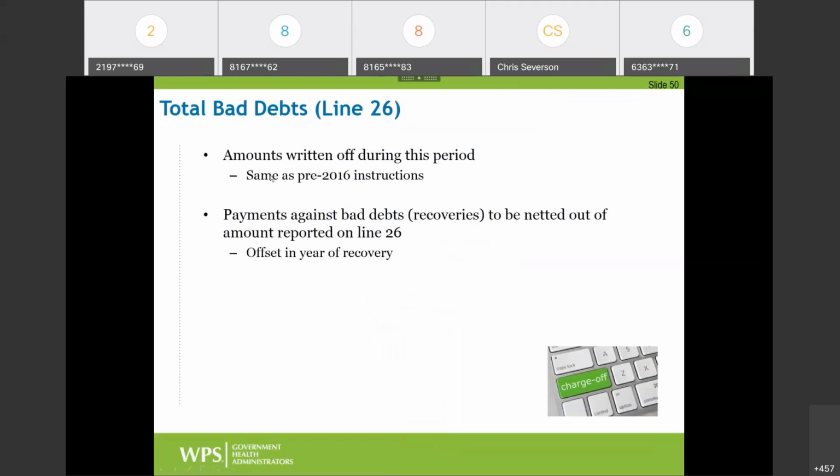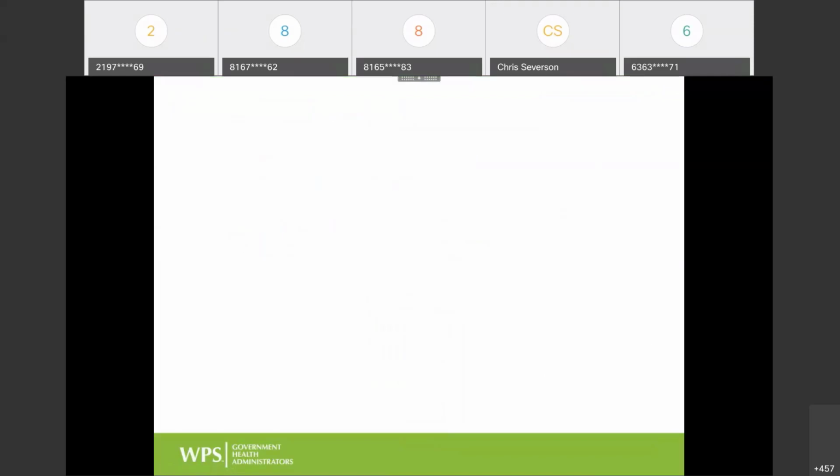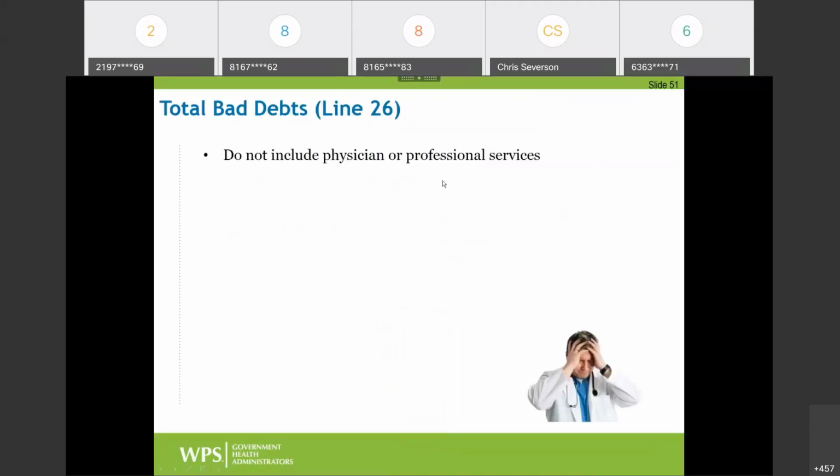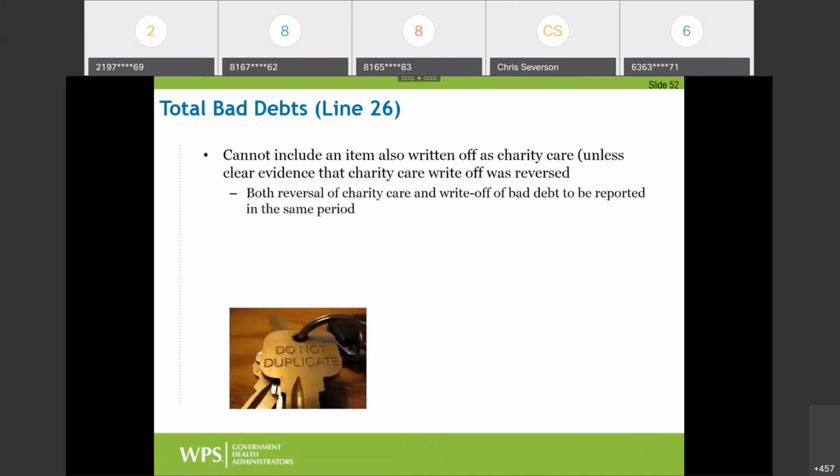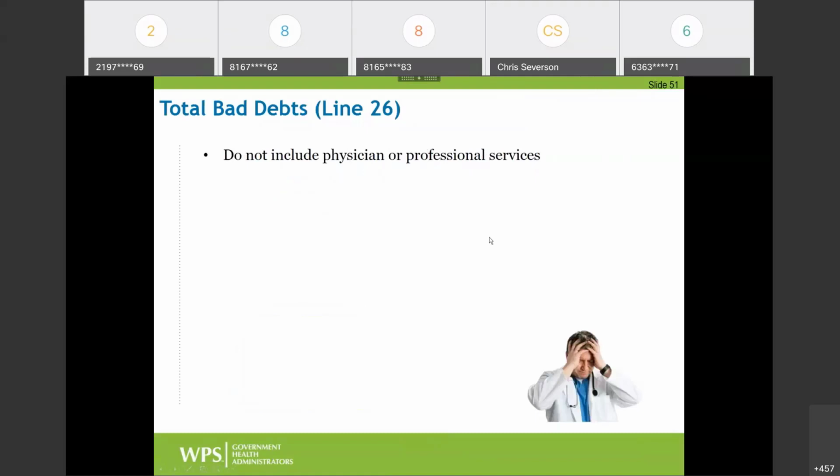The bad debts have to be written off during this period to be reported. Again, do not include physician or professional fees. Oh, by the way, I also want to mention, as far as both charity care and bad debt, one of the other major changes that they've proposed to the cost reporting instructions is that it's no longer going to be the entire hospital complex. It's now only going to be just the hospital, none of the subunits, none of the RHCs, none of that.